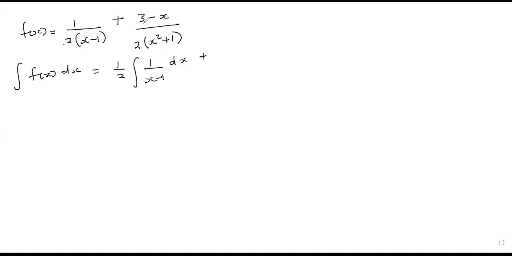When you look at this, it's as if the function is 3 out of 2 of that minus x out of 2 of that. So what I'm trying to say is 3 minus x over 2 into x squared plus 1 is the same as 3 over 2 into x squared plus 1, minus x over 2 into x squared plus 1. In other words, you split it. It's like this over this minus this over this.